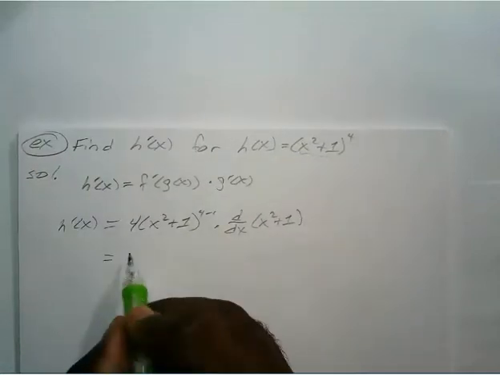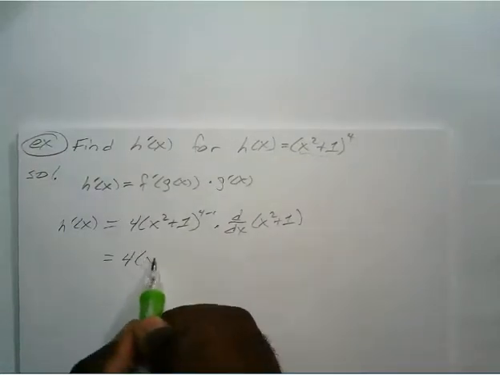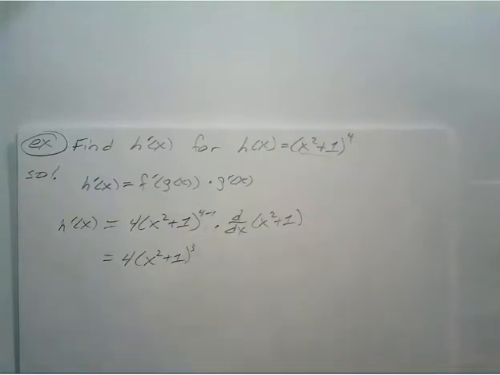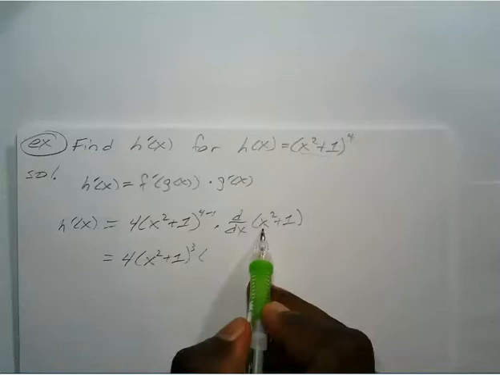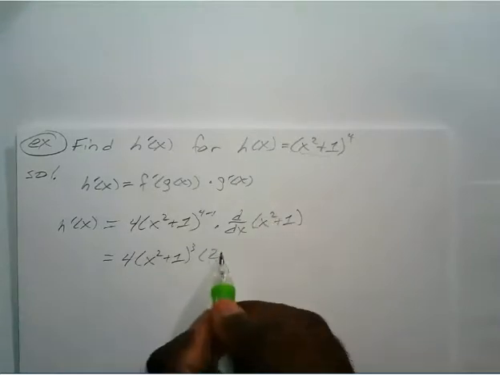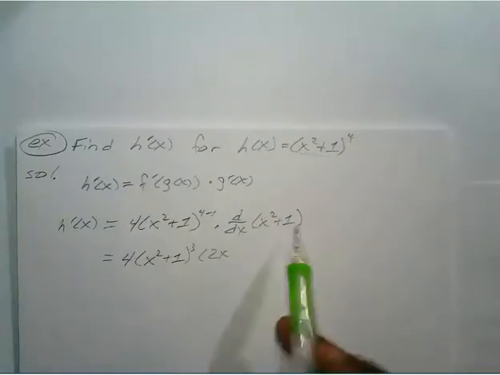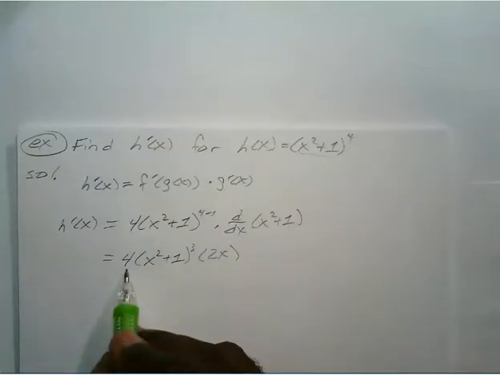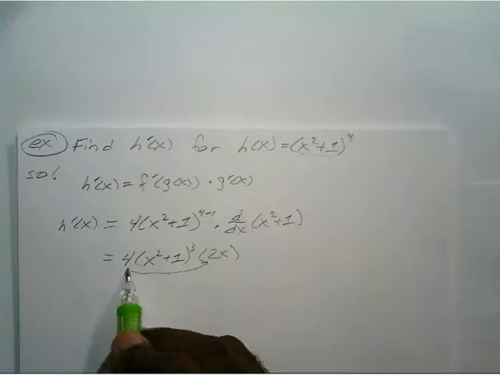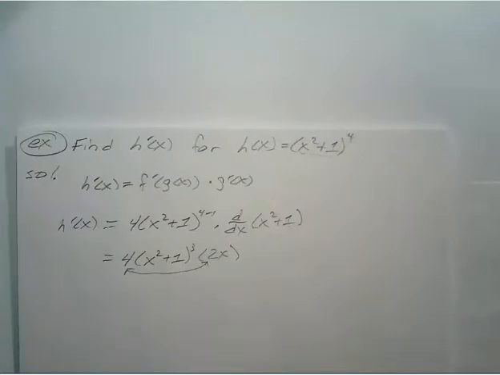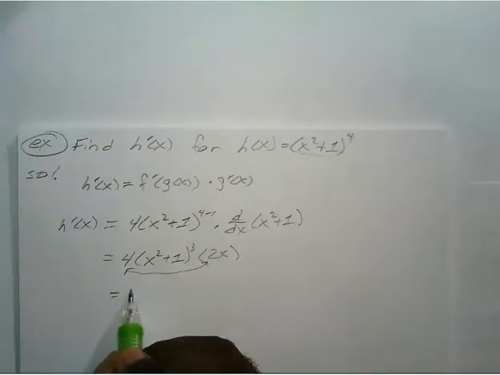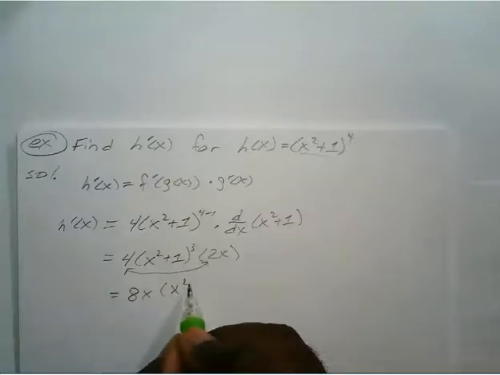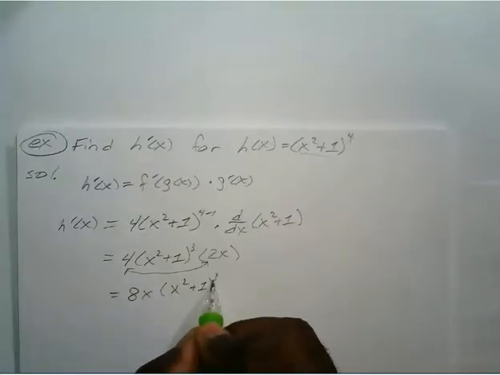So that's going to equal 4(x² + 1)³ times the derivative of x², bring down the 2, so that's 2x. The derivative of 1 is just 0, so that leaves that there. Okay, and here we can combine the 4 and the 2. So 4 times 2 is 8, so you have 8x times (x² + 1)³.